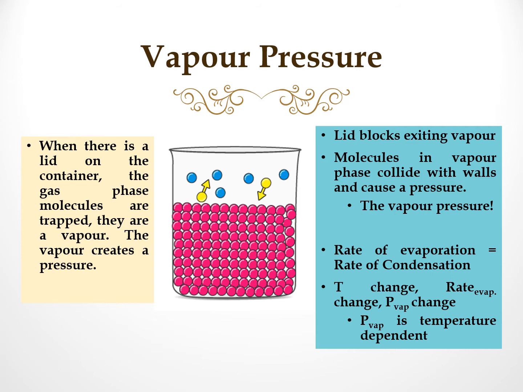Molecules in the vapor phase collide with the walls and cause a pressure. That is the vapor pressure. The rate of evaporation equals the rate of condensation. So when the temperature changes, the rate of evaporation changes, and the vapor pressure also changes. So the vapor pressure depends on the temperature.